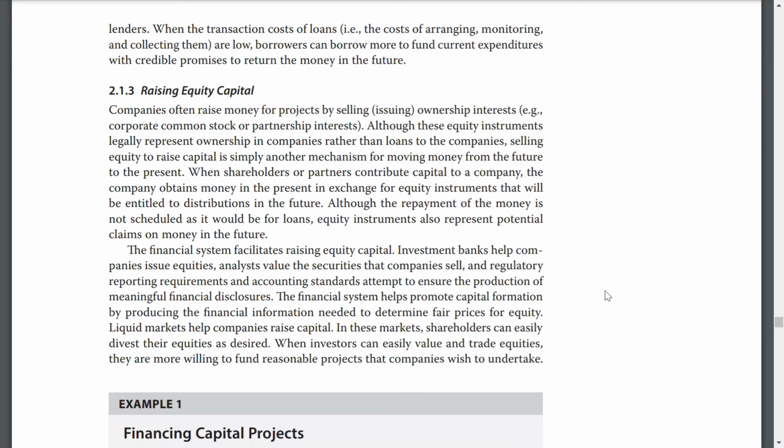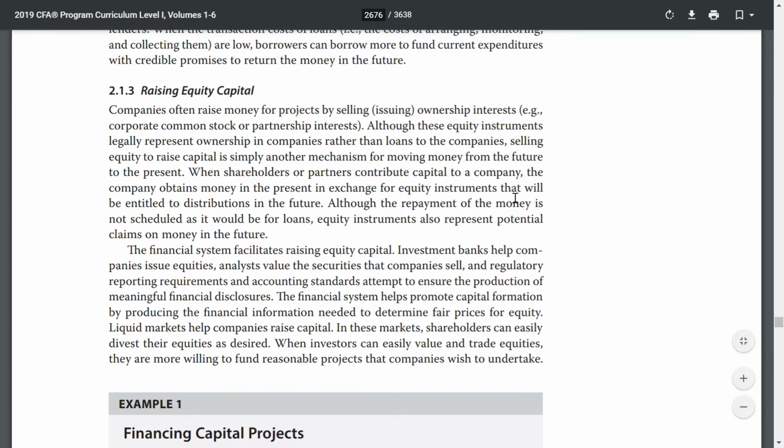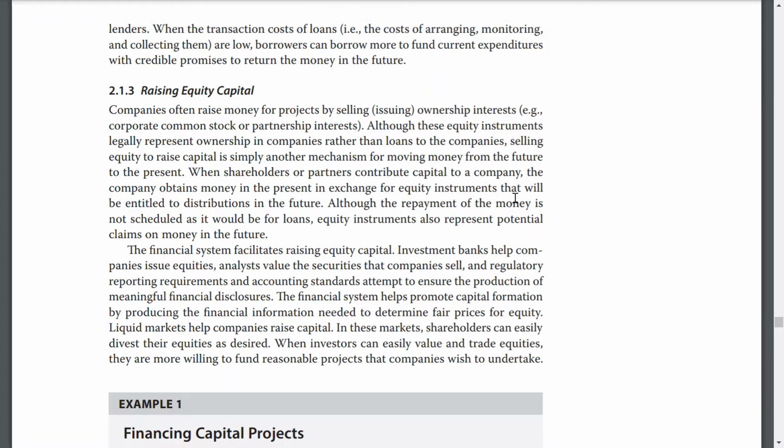Raising equity capital. Companies often raise money for projects by selling or issuing ownership interest. Although these equity instruments legally represent ownership in companies rather than loans to the companies selling equity, raising equity capital is simply another mechanism for moving money from the future to the present.